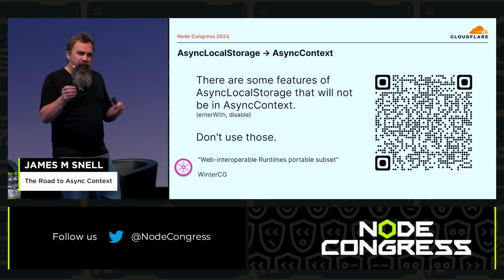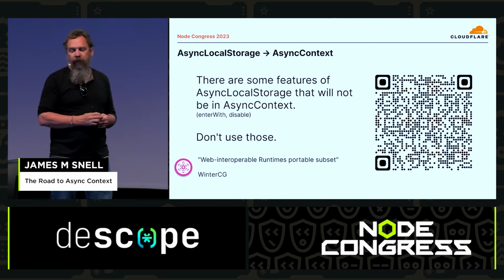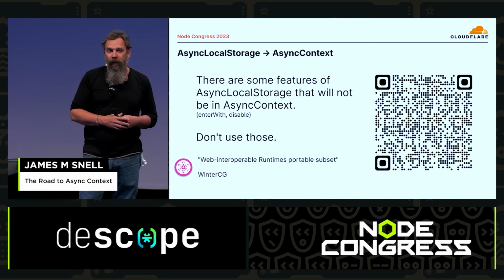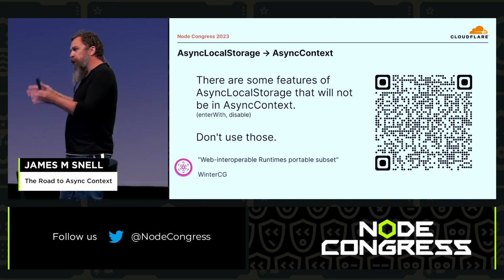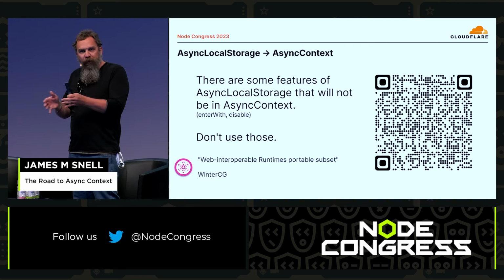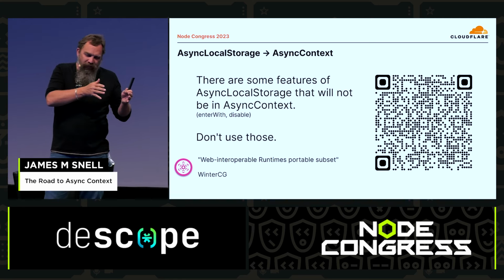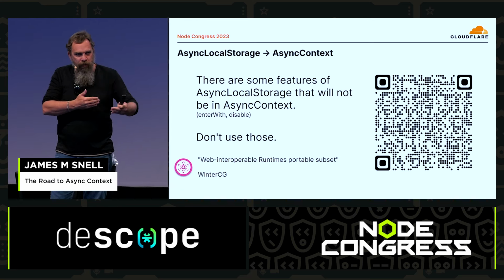But like I said, the simple API is pretty close. There are some features of AsyncLocalStorage that will not be in AsyncContext, specifically things like enterWith and disable. What those APIs allow you to do is modify the contextual information in place, right? With run, it will create that new frame. enterWith modifies the frame as it exists, right?